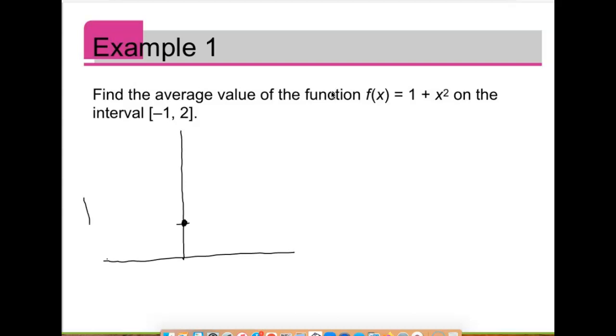And at -1, let's see, my y value is going to be 2. And at 2, my y value is going to be 5. Didn't make this graph tall enough. It's like way up here. All right, so this curve on that interval is going to look something like this.